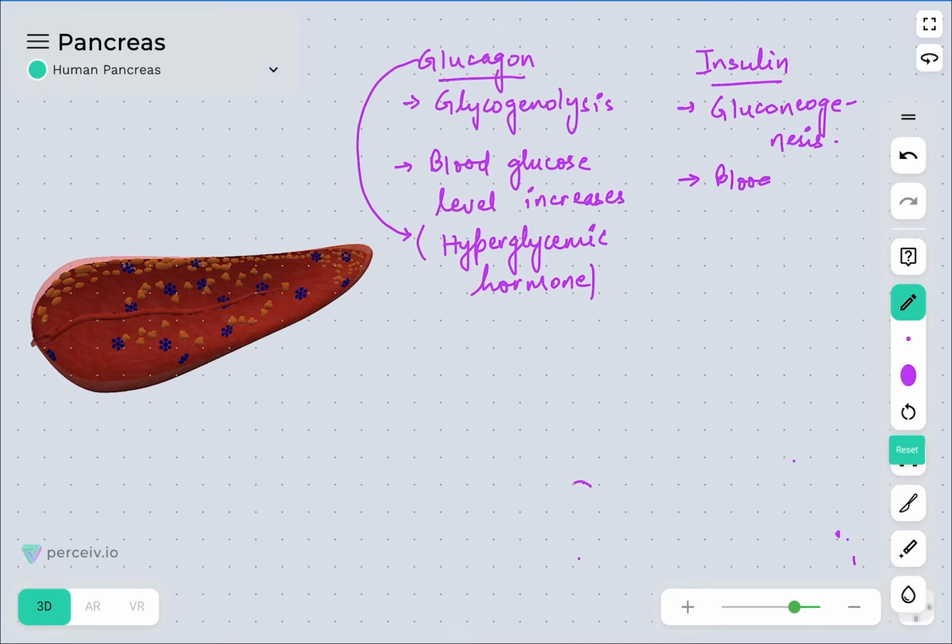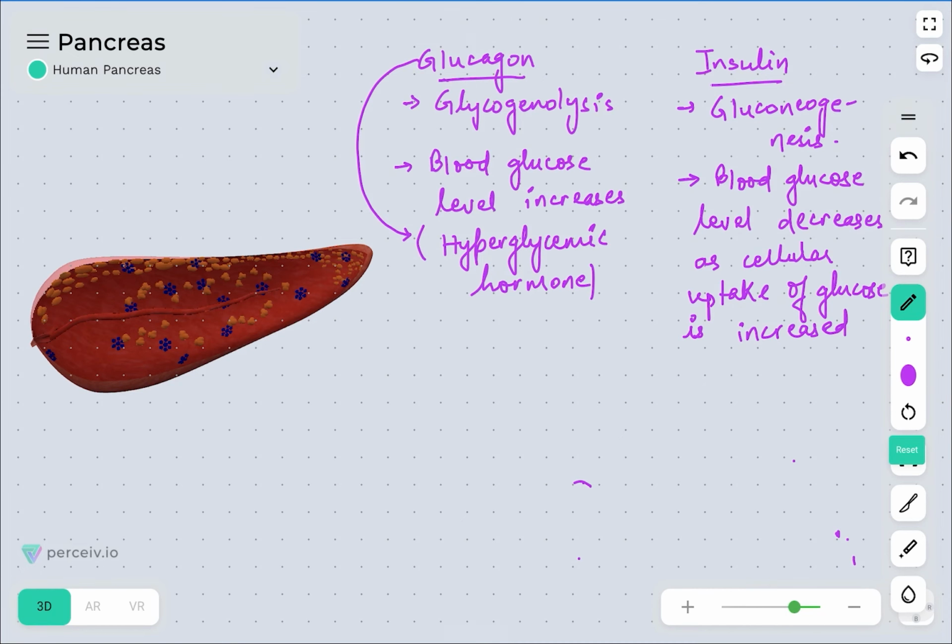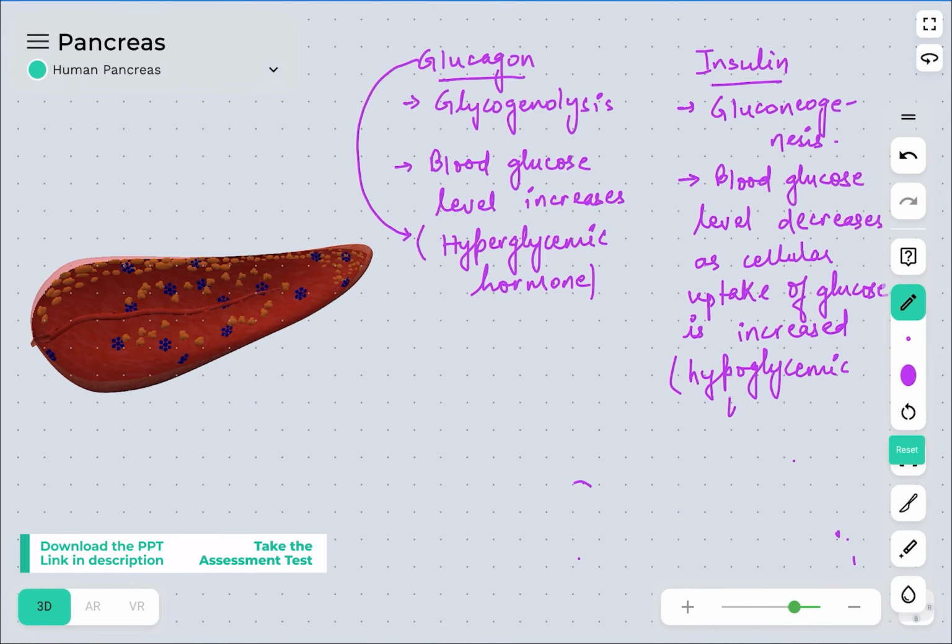While in case of insulin, it is going to reduce the blood glucose level. Blood glucose level decreases as cellular uptake of glucose is increased. That's why insulin is considered a hypoglycemic hormone. This is one of the key differences between insulin and glucagon.